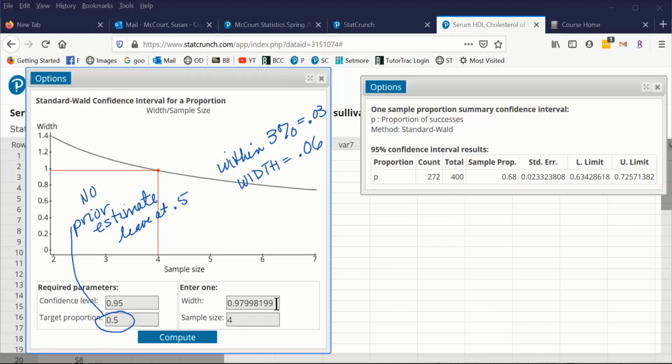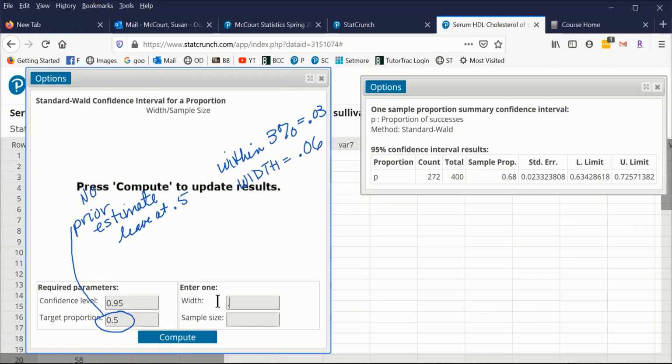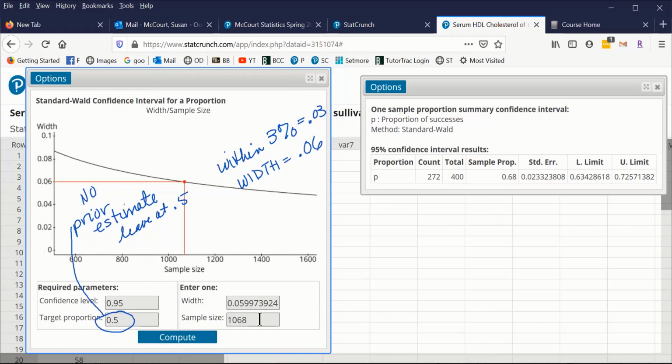So that goes here. And we compute and get 1,068. Any questions? No.